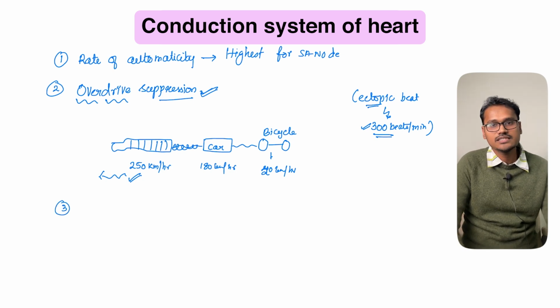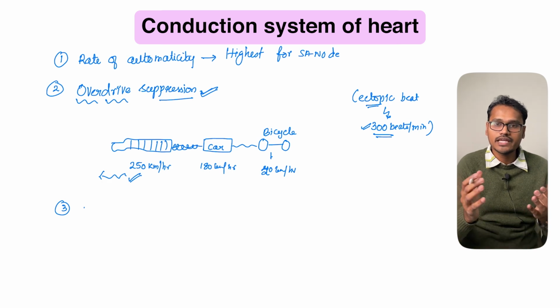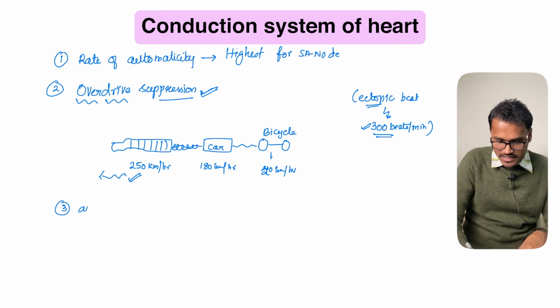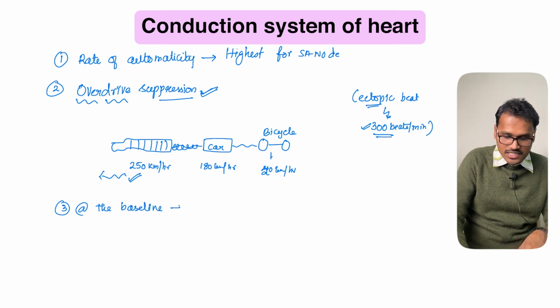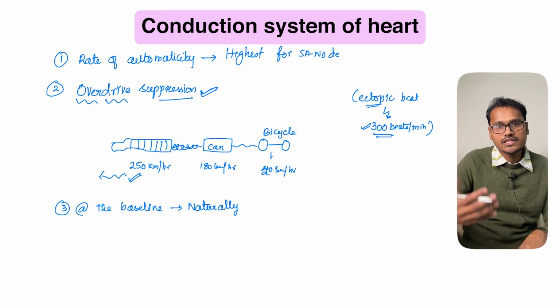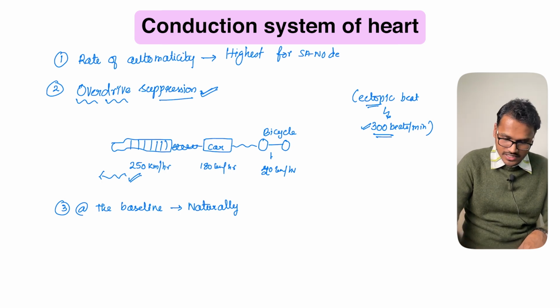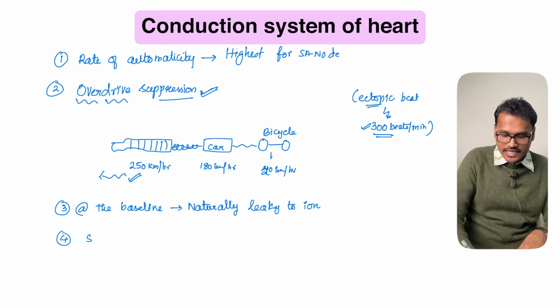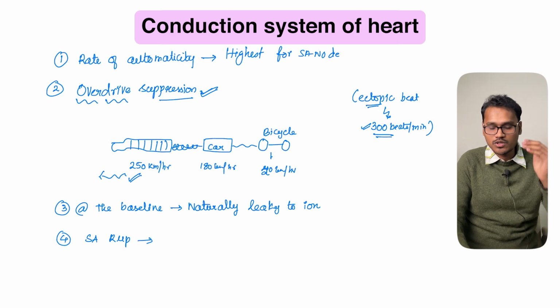The third reason is that the SA nodal tissue is naturally leaky to many ion channels. Even at baseline, they are naturally leaky. Naturally leaky means they allow ionic transmission to happen very easily. The fourth one is that the SA node RMP itself is at a more positive level.